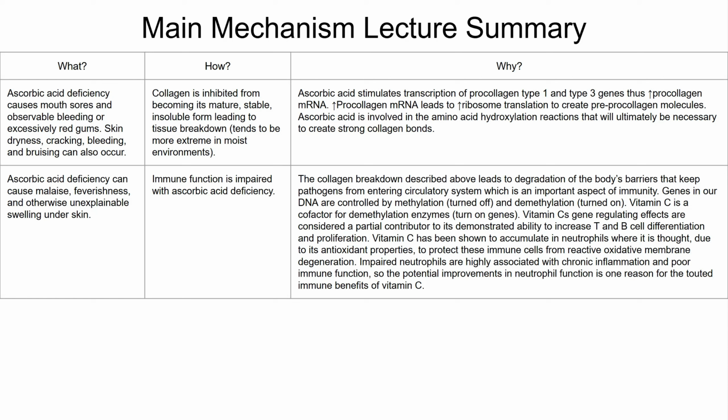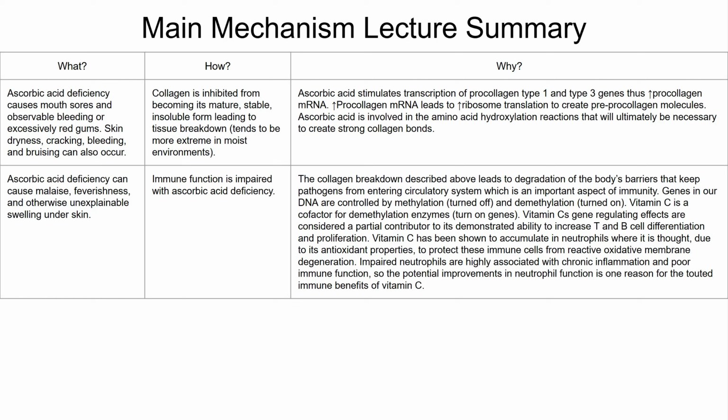The malaise, feverishness, and swelling under the skin is associated with an impaired immune system. Note the skin is also considered an immune system organ since it's an important protective barrier that keeps pathogens from entering the body. This action is not as effective in vitamin C deficiency for reasons noted above.